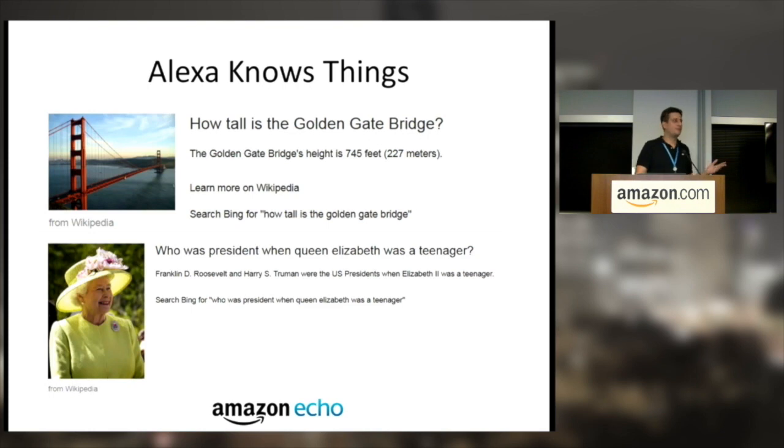But you can also ask more complex questions like, who was the president when Queen Elizabeth was a teenager? To answer that, Alexa first needs to find who Queen Elizabeth is, how old she is, when she was a teenager, and then find who the president was at that time. So it also knows how to answer complex questions.